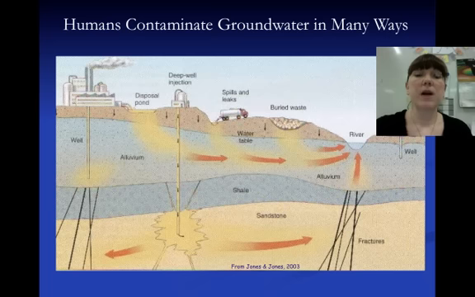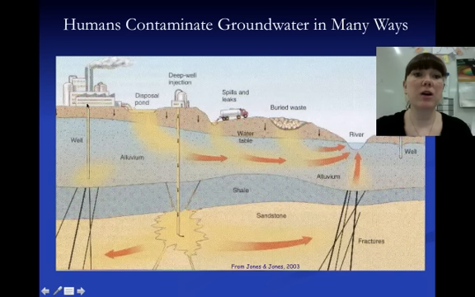Humans can contaminate water in quite a few different ways. We see here a deep injection well, so this one goes deep into the sandstone layer here. Here's a shallower well into this alluvium deposit here, so both of these are wells into aquifers. What we have here are a few different examples of some contamination.